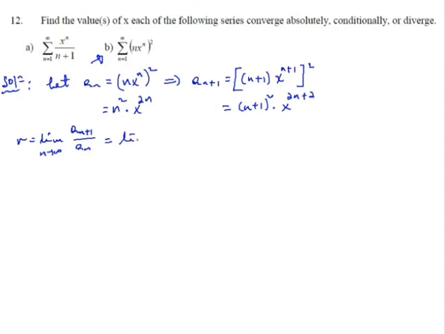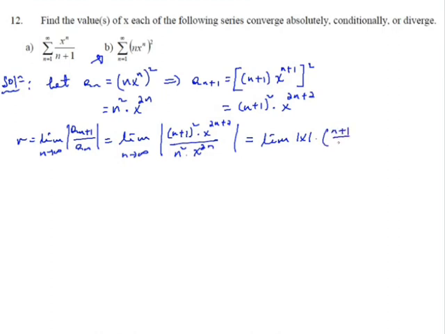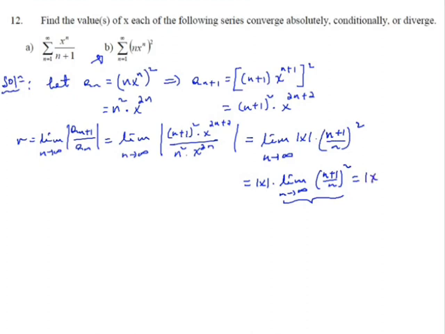This means the limit, in absolute value, of n plus 1 the whole squared times x to the power of 2n plus 2, over n squared times x to the power of 2n, as n approaches infinity. Simplifying, this is the same as the limit of the absolute value of x squared times n plus 1 over n the whole squared, which is the absolute value of x times the limit of n plus 1 over n the whole squared as n approaches infinity. This limit is 1, so 1 times the absolute value of x is the absolute value of x. So this implies our r becomes the absolute value of x.